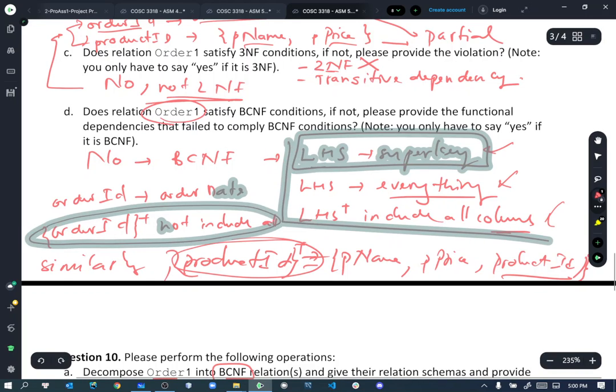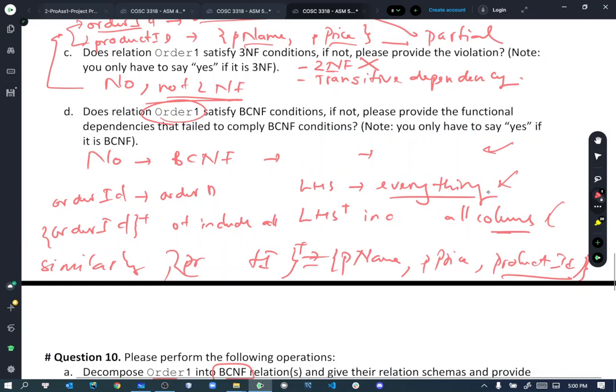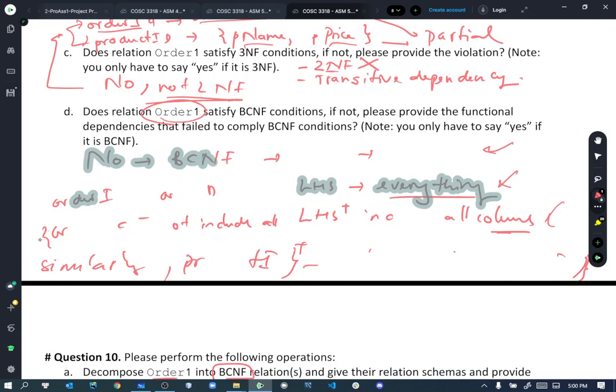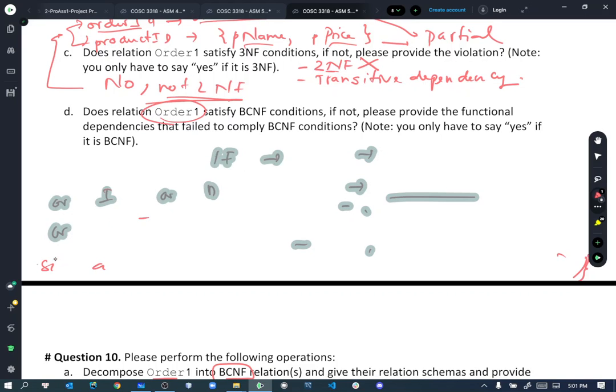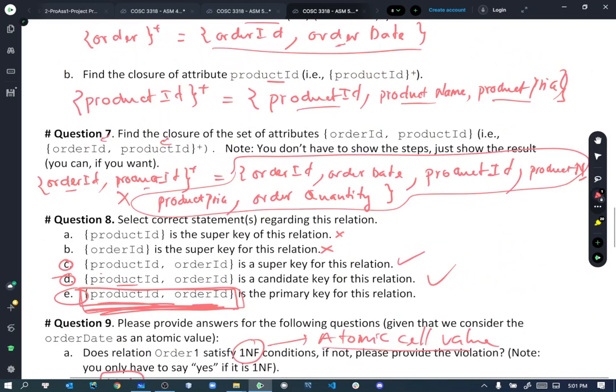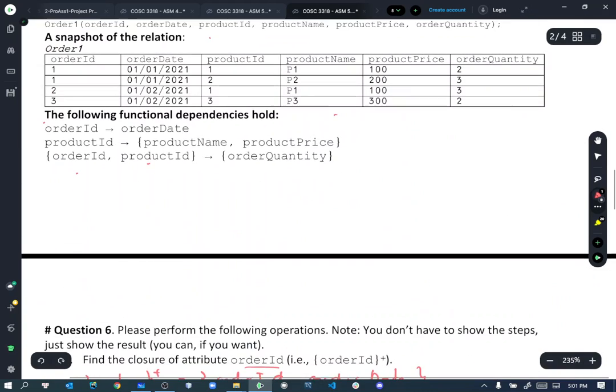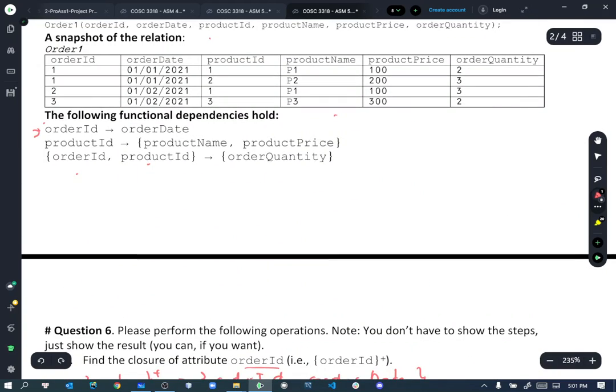Let me just erase all of this to take some space, because I put a lot here just to explain in detail. So for any functional dependency that holds here, the closure of the left hand side must include all attributes.